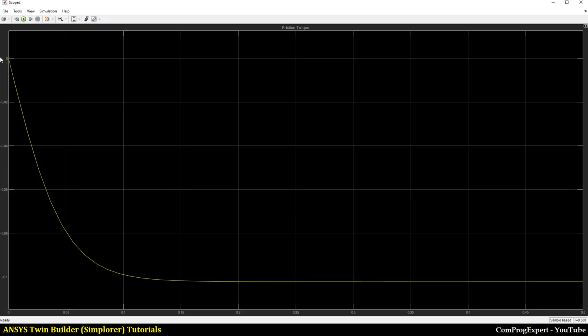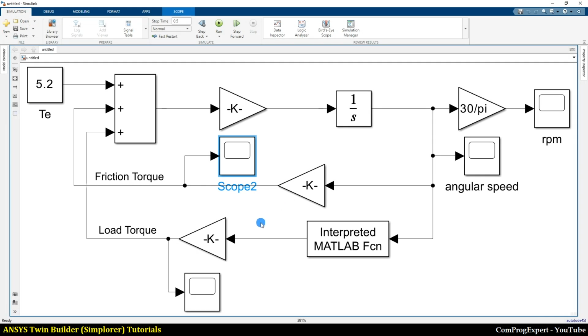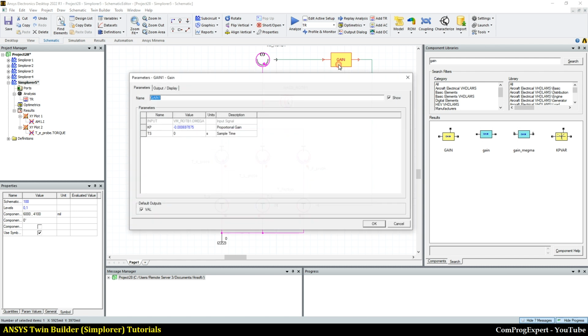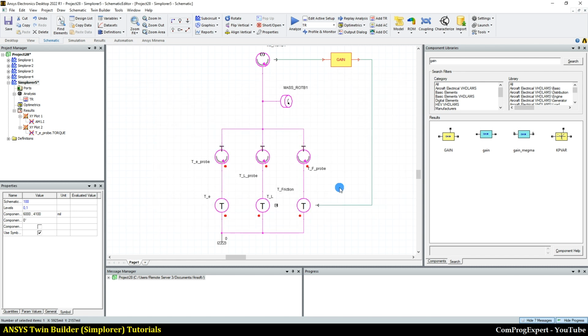That is in this case close to negative 0.1. So here, this is the friction torque. Okay.